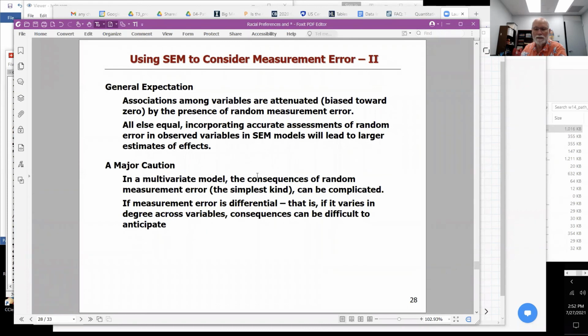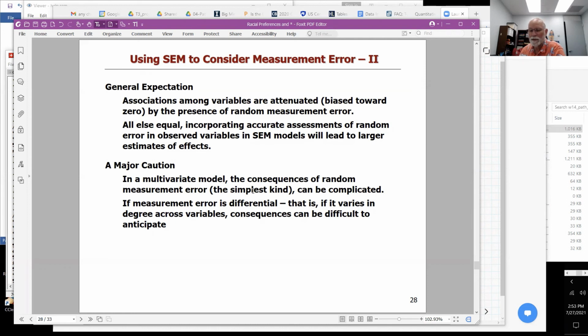Very quickly, you can go back and take a look at this slide. But the general expectation would be that if you've measured variables with random measurement error, then your coefficients will be attenuated back towards zero. Random noise in a measurement makes it hard to find the connection between the two variables.